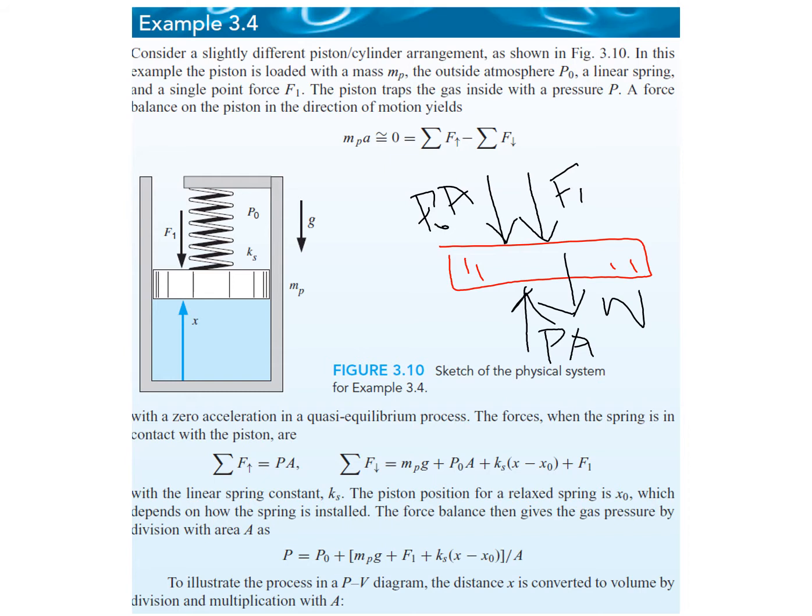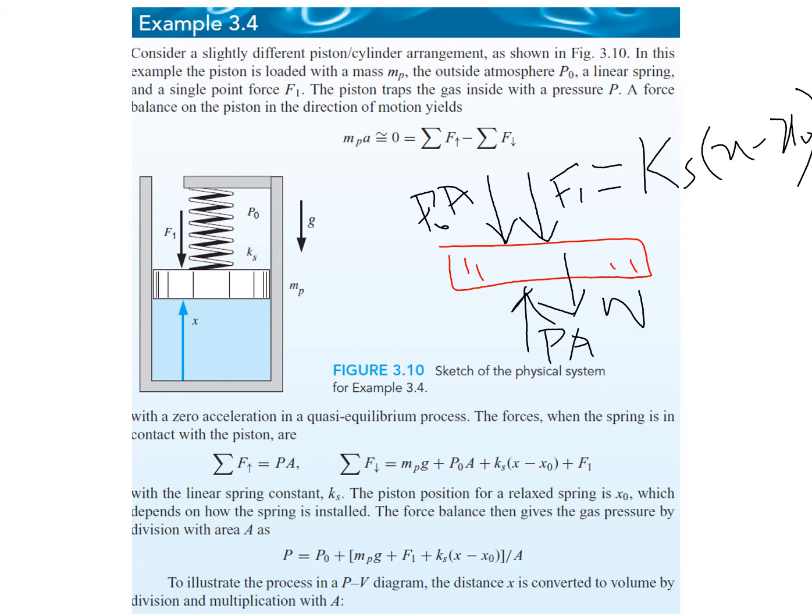The force which the spring puts on the piston is k_s into (x minus x naught). What is x minus x naught? It is the compressed length: the current length minus the uncompressed length. x is the current length and x naught is the uncompressed length.